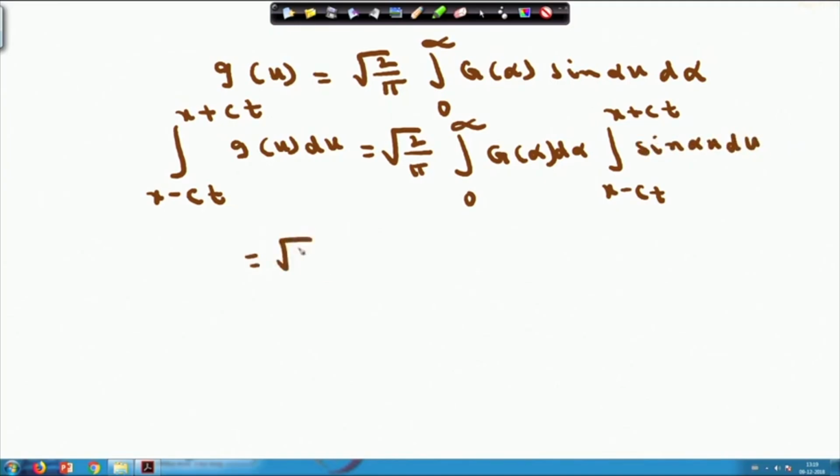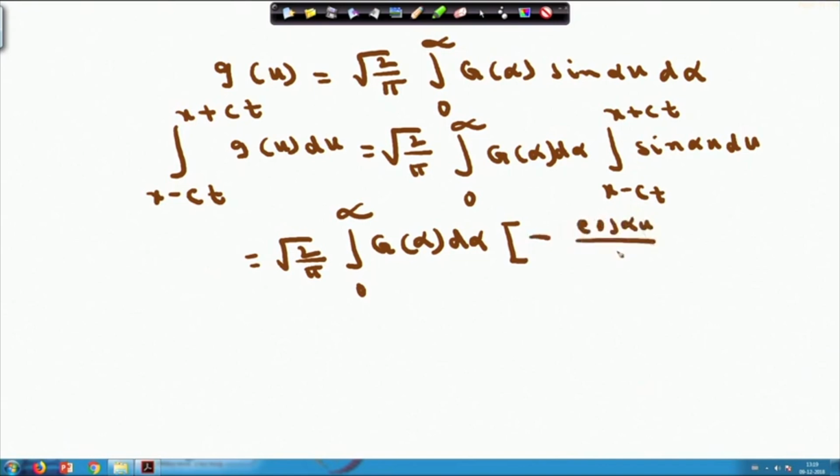So, this equals root over 2 by pi, integral 0 to infinity, where the first integral will remain the same, G(alpha) d alpha, whereas for the second integral, minus sin(alpha u) gives cos(alpha u) by alpha, where the integration will be from x-ct to x+ct.